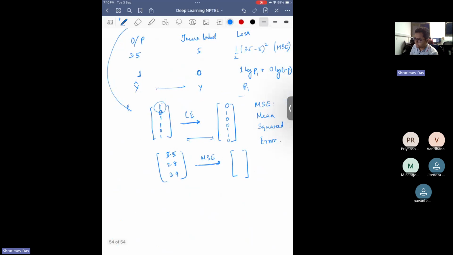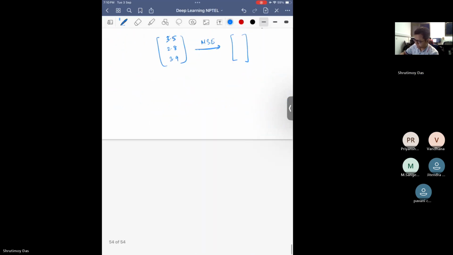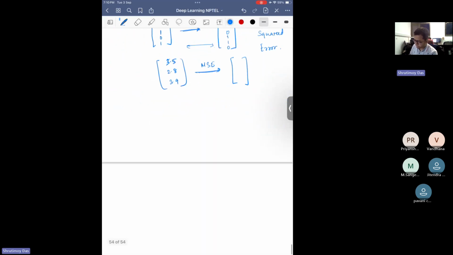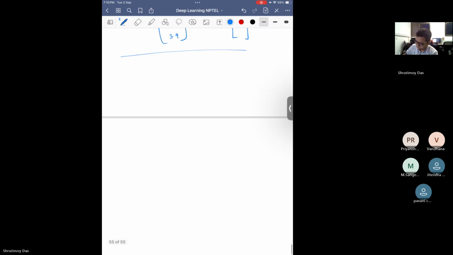So another type of regularization that was discussed in the class was denoising autoencoders.